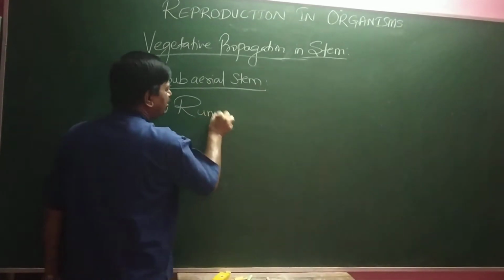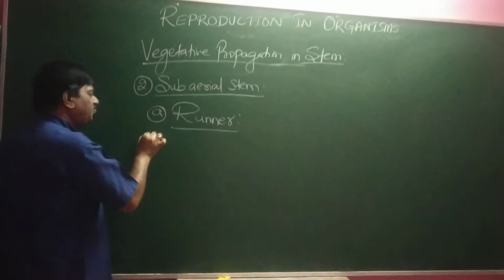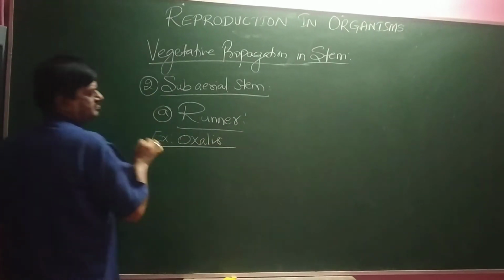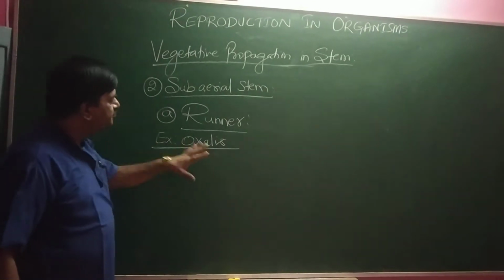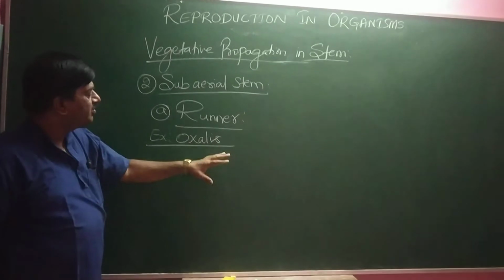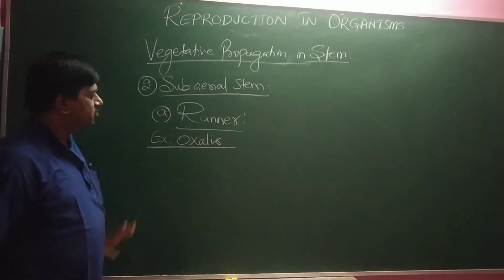The first one is called runner. Example for runner is oxalis. This oxalis plant is always creeping along with the grasses and is present horizontal to the soil.